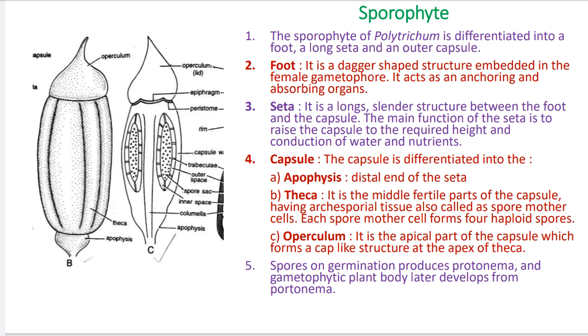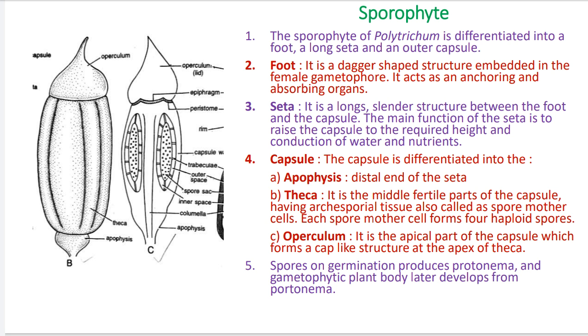Number 5, spores on germination produce protonema. When spores are released, they can disperse through different vectors. When they settle down on a suitable substratum under favorable conditions, they start germination, and after germination, they produce a new individual plant body of Polytrichum.